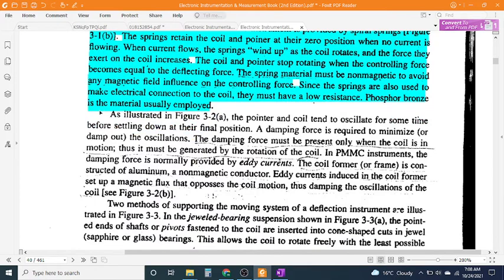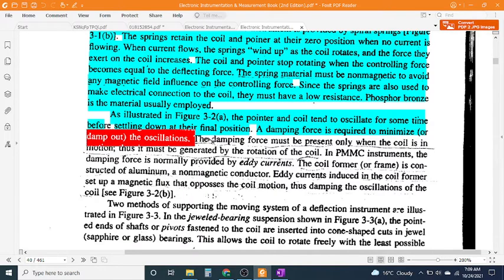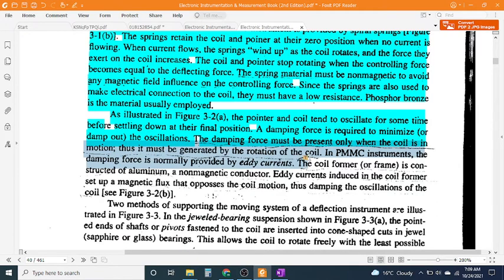As illustrated in Figure 3-2a, the pointer and coil tend to oscillate for some time before settling down at their final position. A damping force is required to minimize, or damp out, the oscillations. The damping force must be present only when the coil is in motion, thus it must be generated by the rotation of the coil.